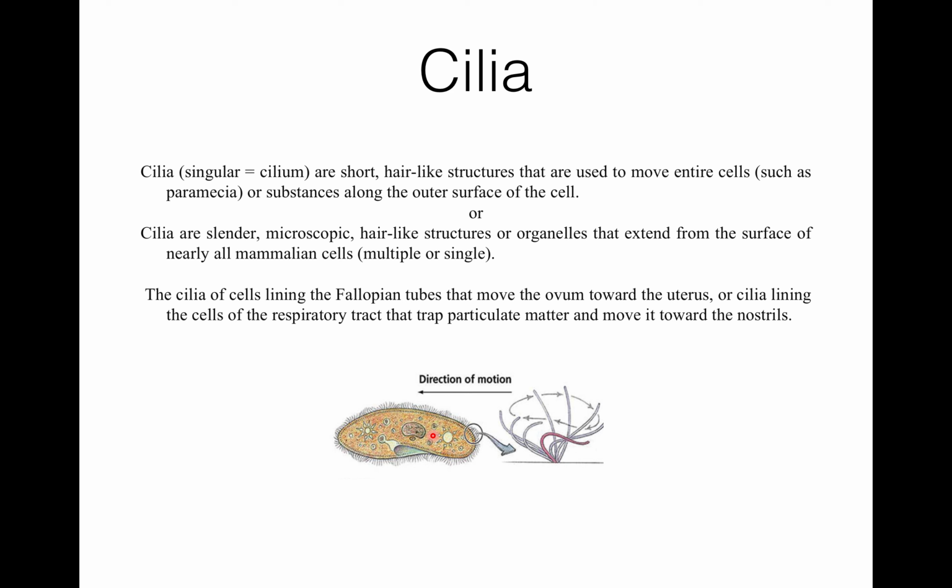For example, the cilia of the cells which line the fallopian tubes move the ovum towards the uterus, and in the respiratory tract cilia trap particulate matter and help in moving it towards the nostrils. Cilia are slender, microscopic, hair-like organelles that extend from the surface of nearly all mammalian cells.